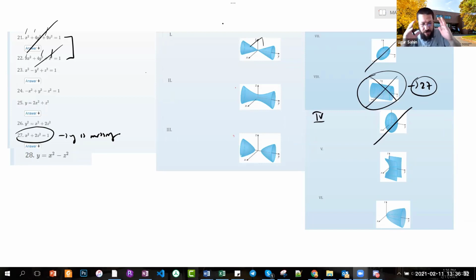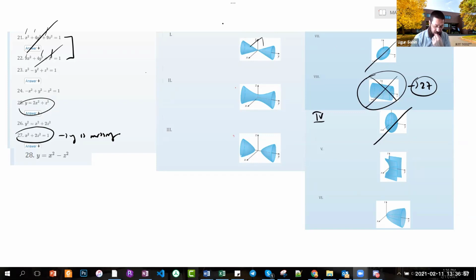Now you need to learn, as the first part, how to match them. Okay, what do you think about the 25? 25 is in the form y is equal to x squared plus z squared. Look at your table and then tell me what that would be.